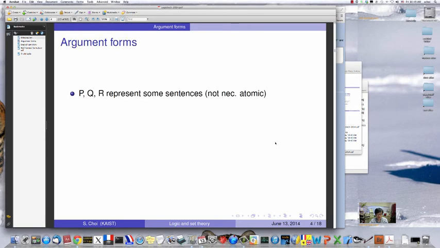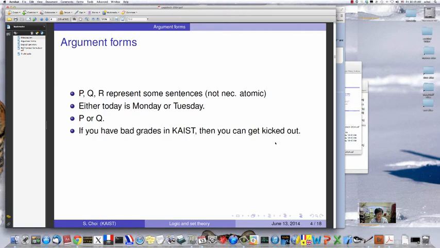So first we begin with argument forms. Let's say P, Q, R represent some sentences, not necessarily atomic sentences. Either today is Monday or Tuesday: P or Q. You can write this: today is Monday or today is Tuesday.